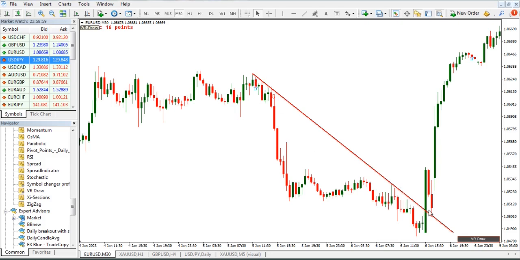This is the perfect resistance trend line here. It broke through at this point, but eventually the market came back for a retest, and then moved upside. It doesn't happen all the time, but most of the time it happens like this. The market doesn't go in a straight way, it goes and comes back, and then finally goes up.